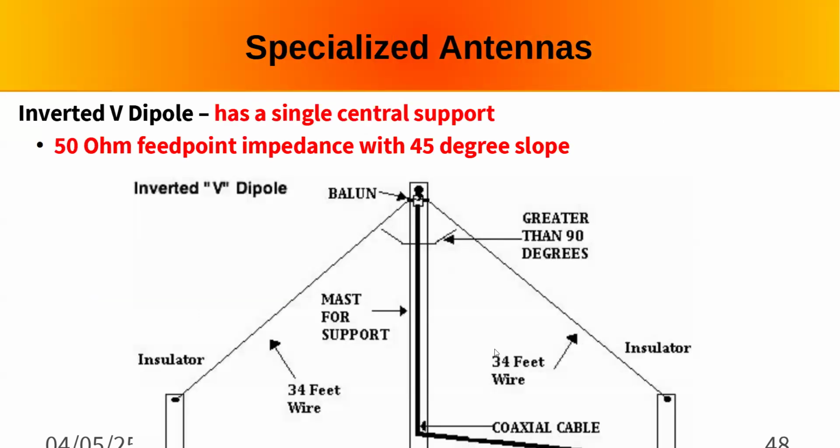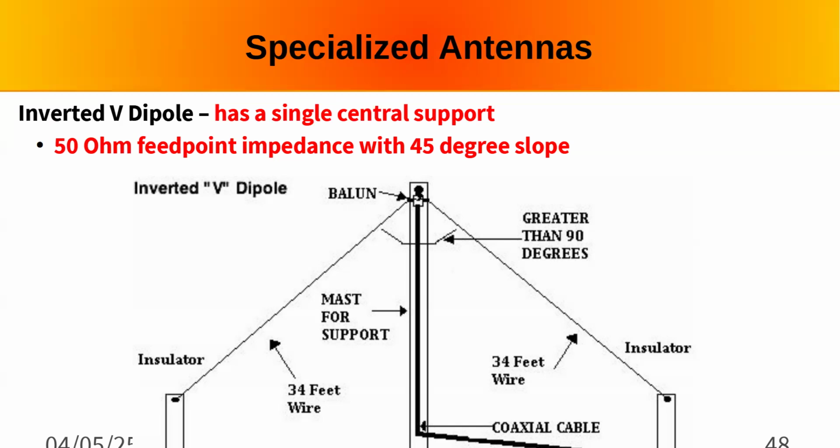Okay, an inverted V dipole, which is a half-wave dipole mounted such that the center point is higher than the endpoints. And if those were approximately 45 degrees, then its feed point impedance is about 50 ohms. So you don't need a matching transformer or anything.